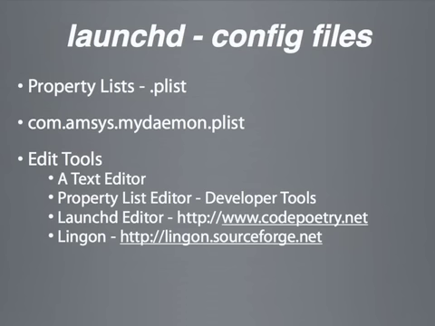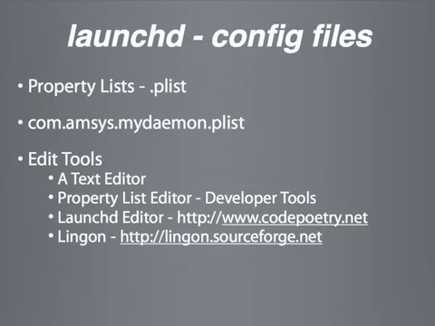Another option is to use a third-party tool such as launchd editor from Code Poetry or Lingon from Peter Borg. So we'll first have a look at one of these existing config files in both a text editor and also in Code Poetry's launchd editor, just to see a comparison.